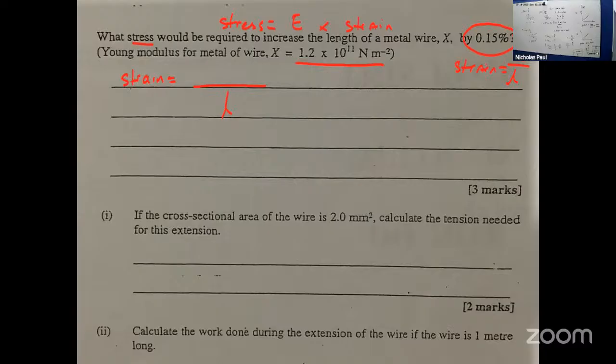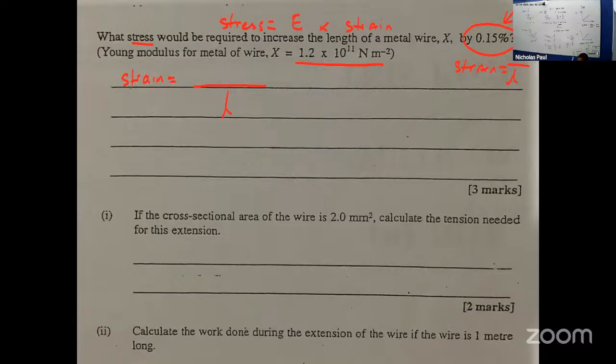So they said to increase the length of the metal wire by 0.15%. So the extension is how much? It's that percentage of L. Because the original length is L, and you want it to increase by 0.15%.